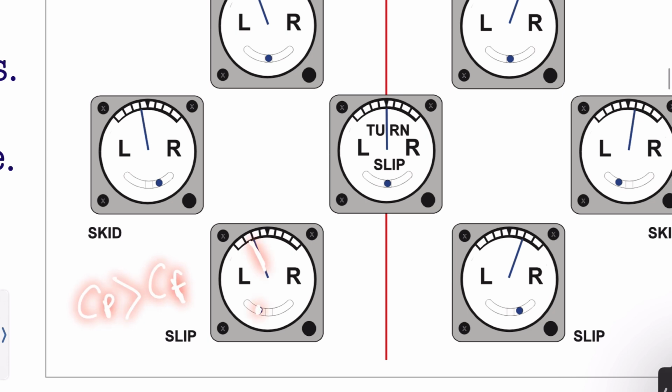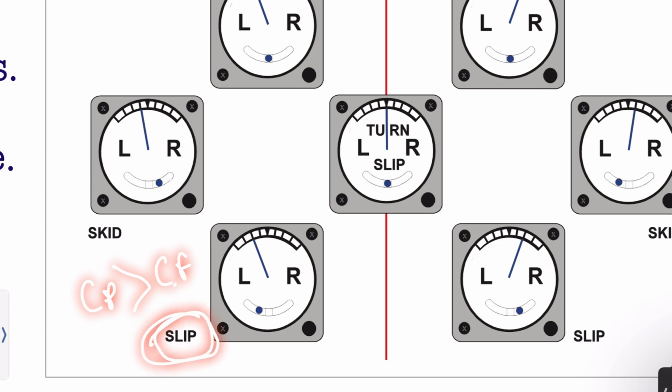As you can see here, the aircraft is turning towards the left and the ball is also towards the left, which means the centripetal force is more than the centrifugal force, and this causes the ball to go towards the left.